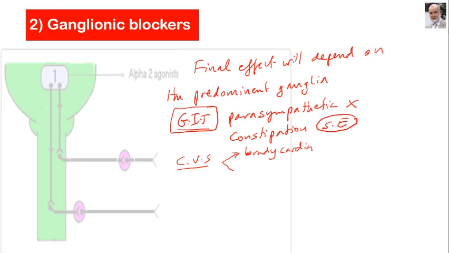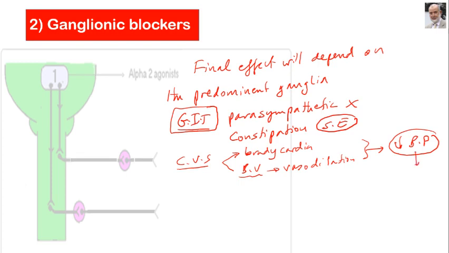This is one effect. On blood vessels, the same thing. Blood vessel tone is controlled by sympathetic activity. If we block sympathetic activity, it will result in vasodilatation. These two effects will decrease blood pressure, as we have explained earlier.